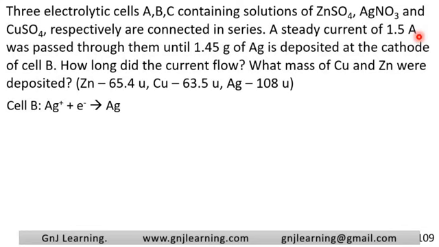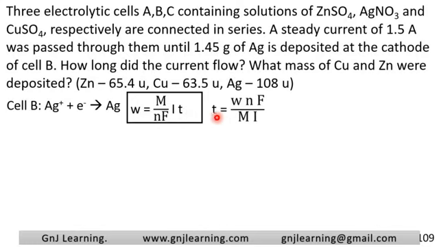And which Z should I choose? W is equal to M by nF into It, because it's in coulombs. So I have to use the equation for Z that represents coulombs. So W is equal to M by nF into It. First I need to calculate time. So I am rearranging the equation: t is equal to mass, given here as 1.45, n is 1, Faraday 96,500, divided by molar mass, supplied as 108, and I is given, 1.5 ampere.